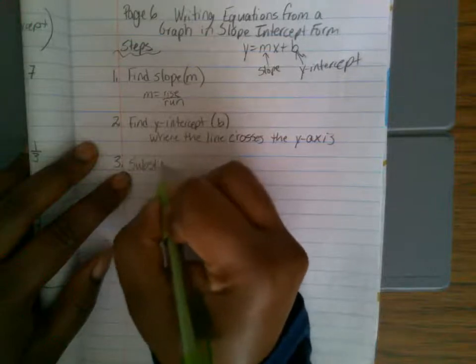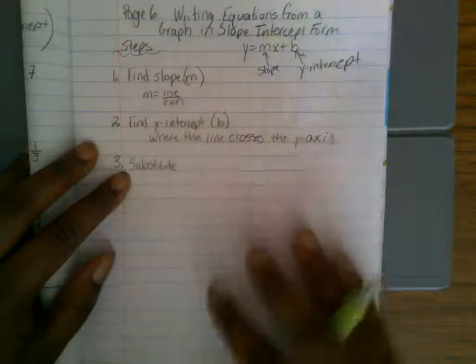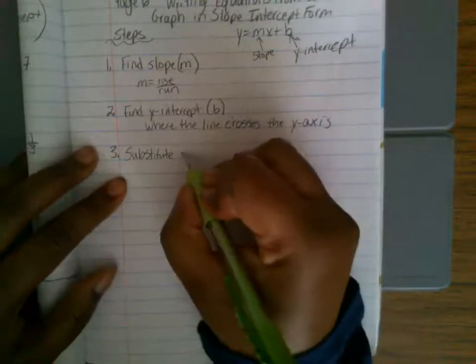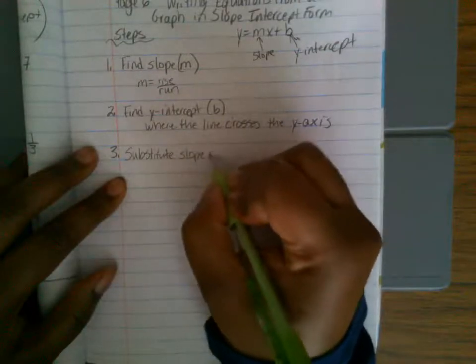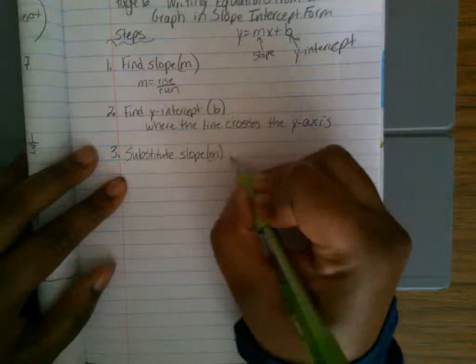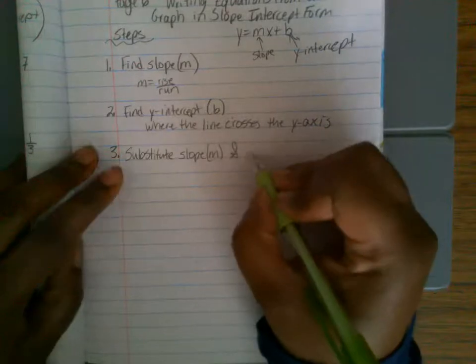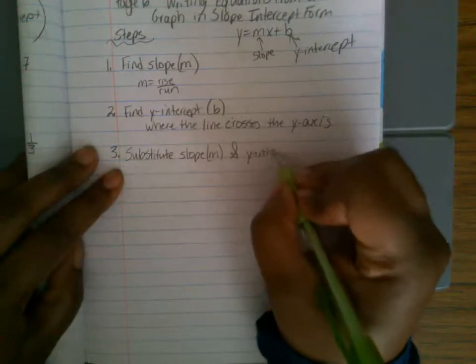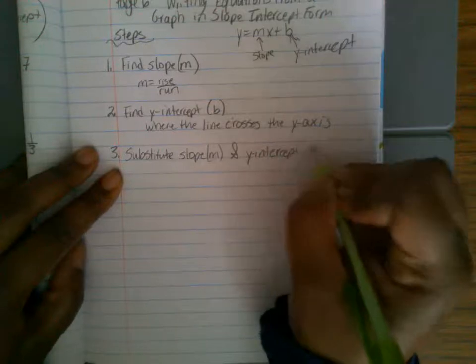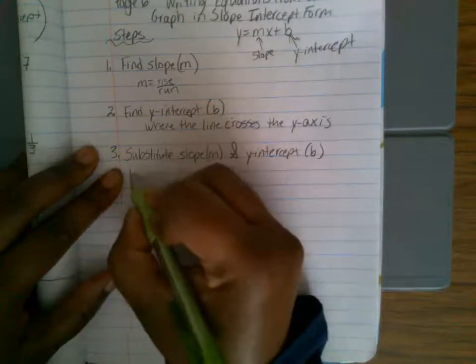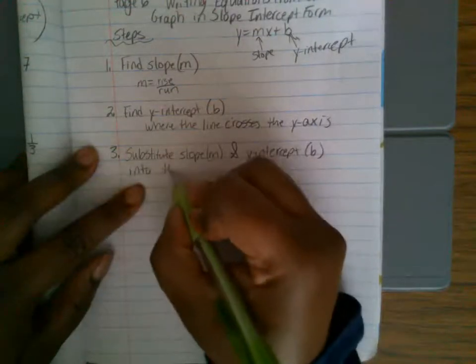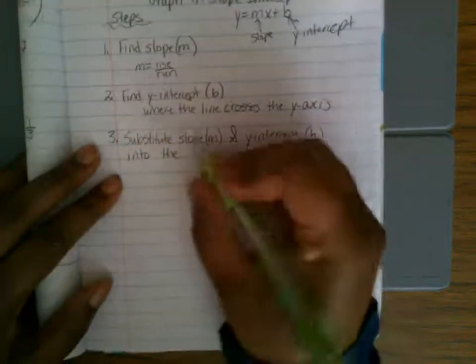Substitute m and b. You're going to substitute the slope, which is m, and the y-intercept, which is b, into the slope-intercept form, which is y equals mx plus b.